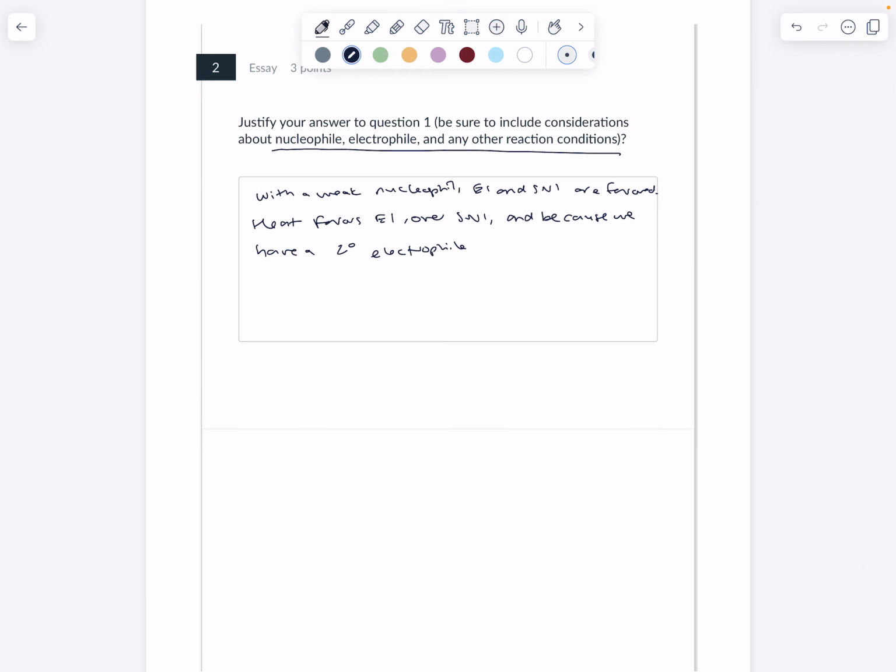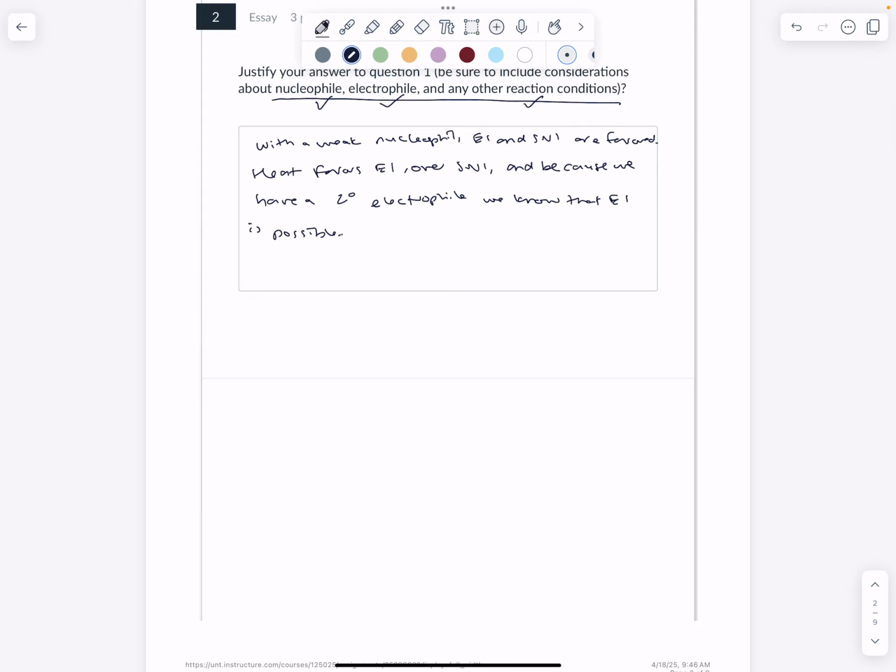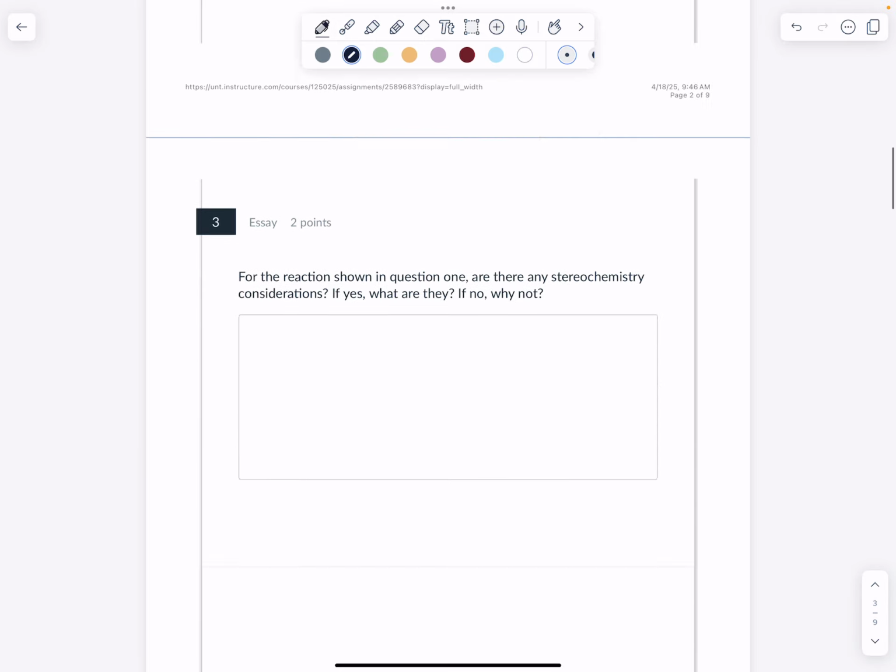But because we have a secondary electrophile, we know that E1 is possible. So I have justified my answer, including nucleophile, electrophile, and the other reaction condition is heat. So that's why I believe that E1 is the reaction for that.